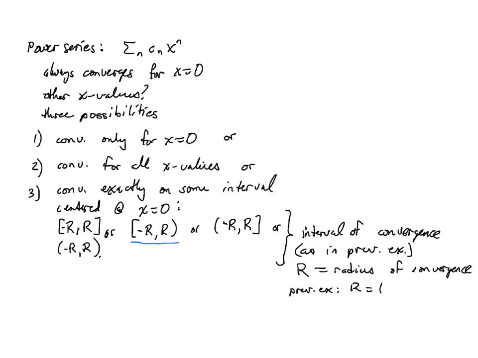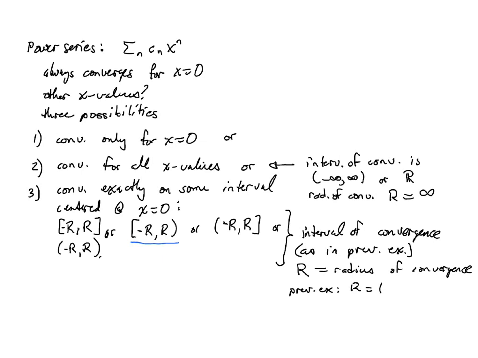In case 2, we say that the interval of convergence is the interval from negative infinity to positive infinity, or if you like, you can use the bold R for the set of all real numbers. And in this case, the radius of convergence is R equals infinity.